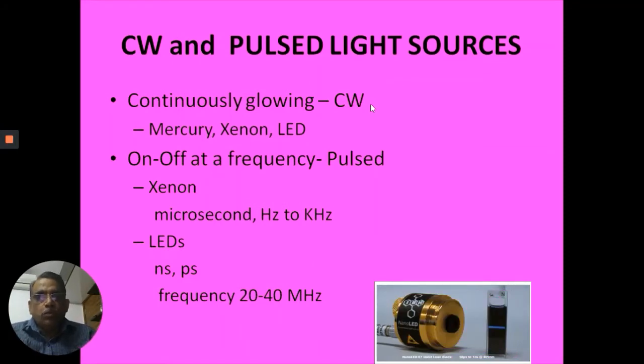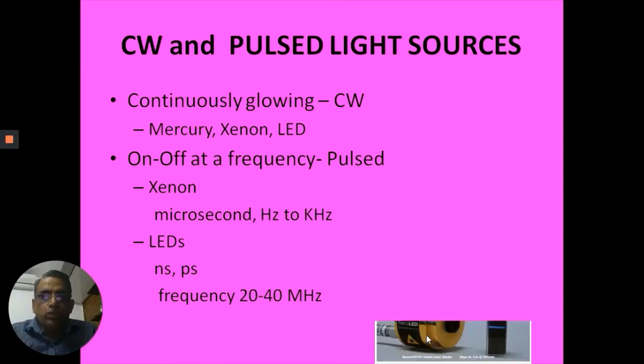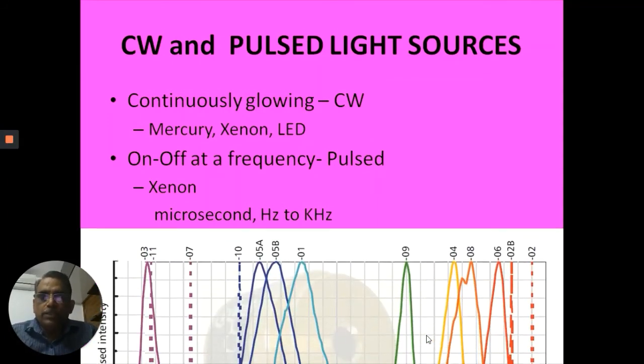So this is one of the LEDs that you can use as a pulsed light source for lifetime measurement. If you want different wavelengths, you have to buy a different LED. One LED cannot give all the wavelengths, as you see in the case of a xenon lamp. So this is how the light sources are available in different formats and different wavelengths.